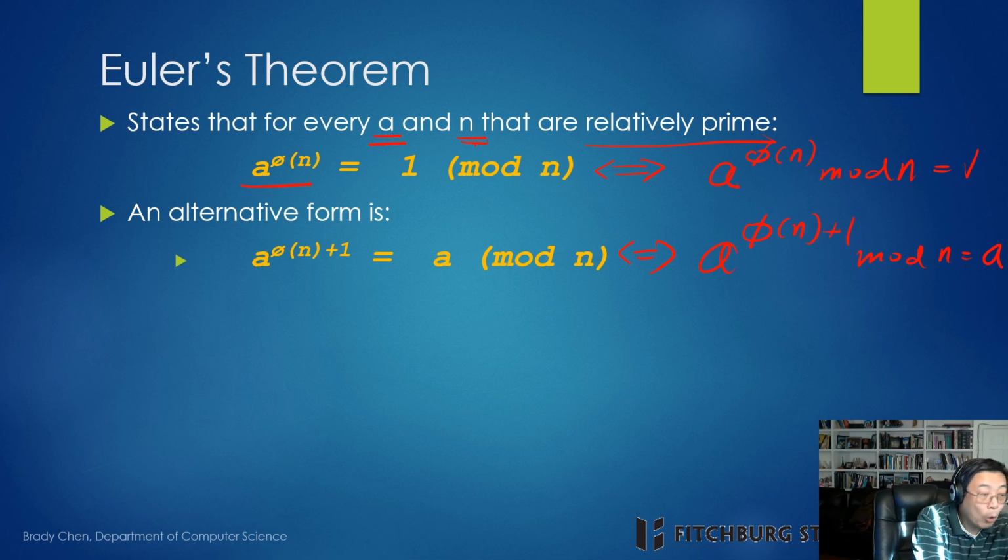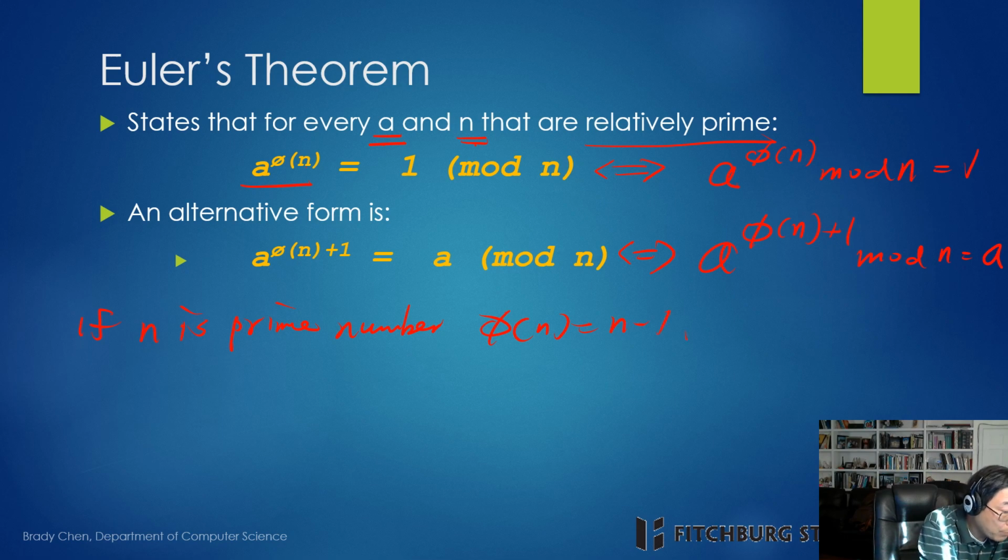Now, Euler's theorem is the generalization of Fermat's theorem. Why? Because if n is a prime number, then we know phi of n is n minus 1, right?